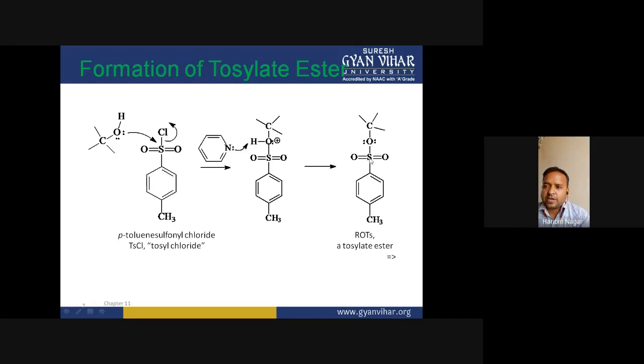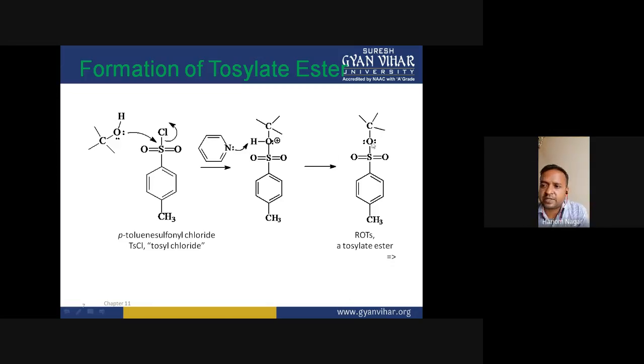Because here the ester group has S double bond O, then oxygen single bond oxygen, then an R group, and there is also another alkyl group. If you talk about the common carboxylic acid esters, the general formula of a carboxylate ester is RCOOR.